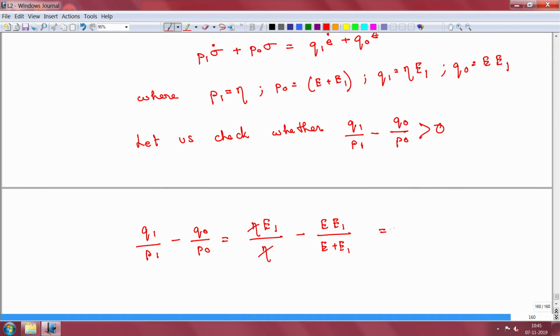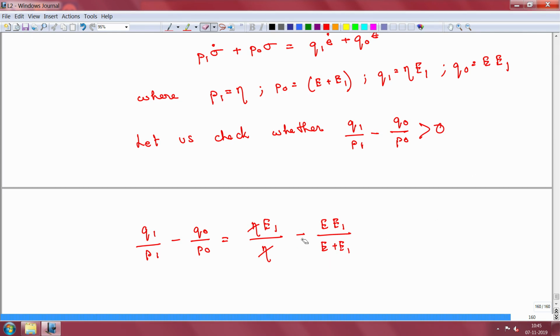So, this is equal to E1 times 1 minus a fraction. So, just a second. Okay.